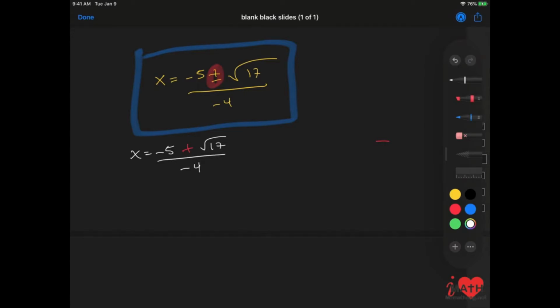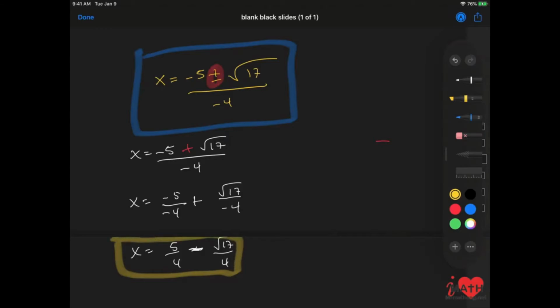And what you can do with the denominator of that fraction is you have now negative 5 over negative 4 plus radical 17 over negative 4. Negative divided by negative is a positive, and radical 17 is a positive divided by negative, it gives me a negative. So that would be one of their answers.